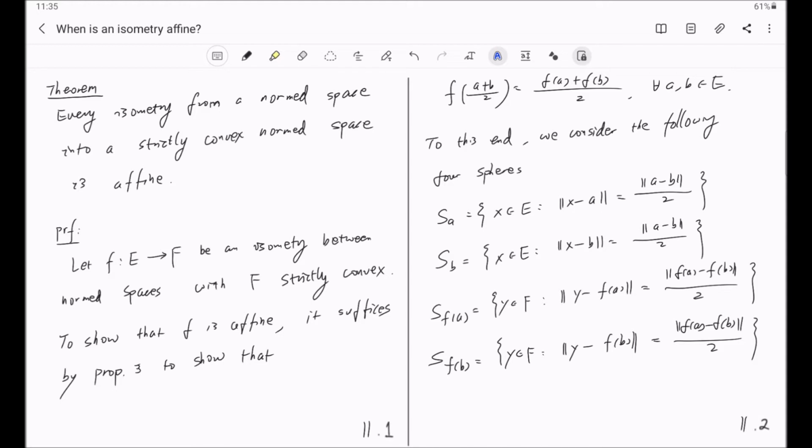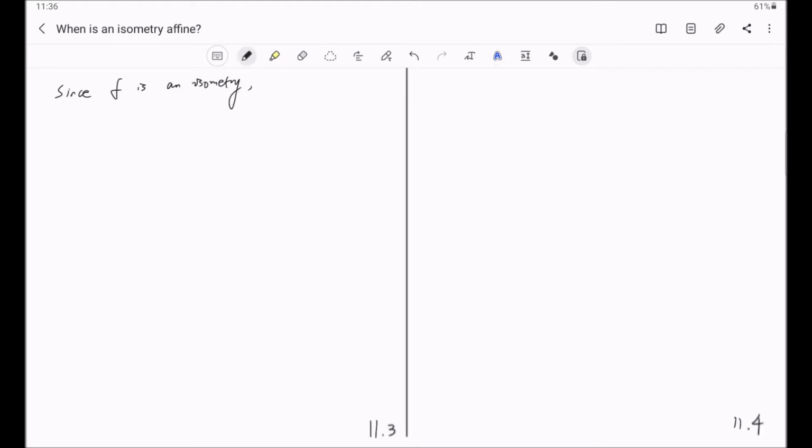And now, since f is an isometry, f of S_A is contained in S sub f(A), and f of S_B is contained in S sub f(B). And let us quickly check this.